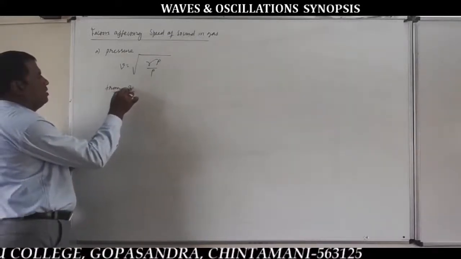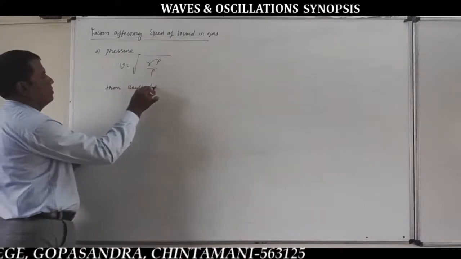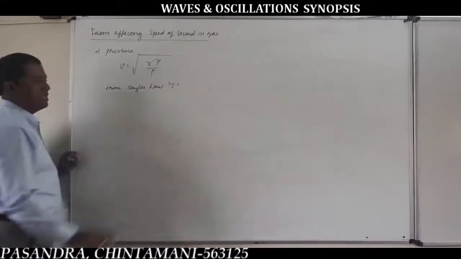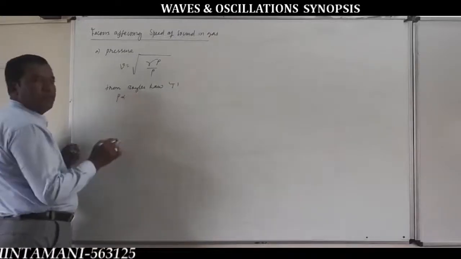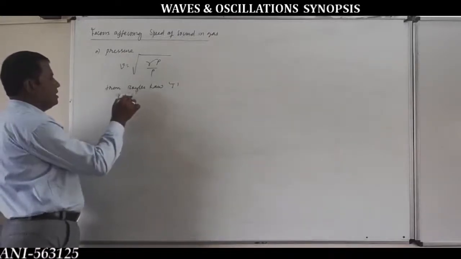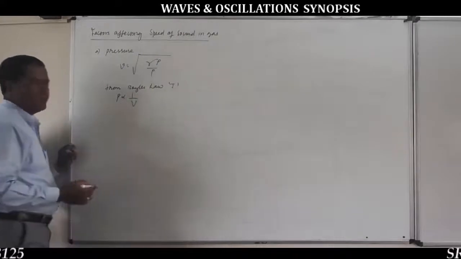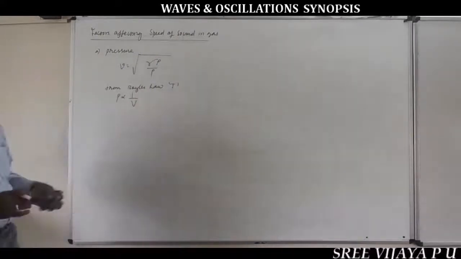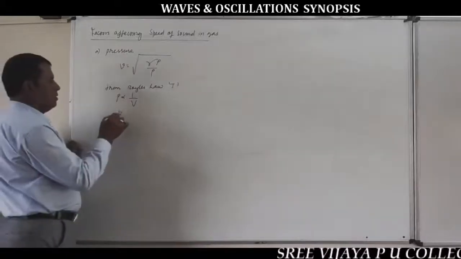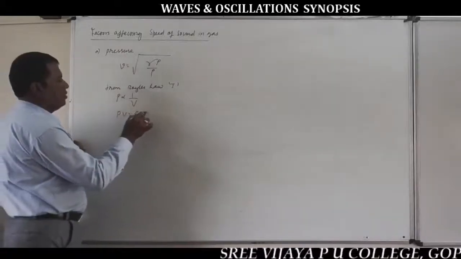From Boyle's law, at constant temperature T, the pressure of a given gas varies inversely with volume. Provided temperature is constant, pressure is inversely proportional to volume, or PV is equal to constant.